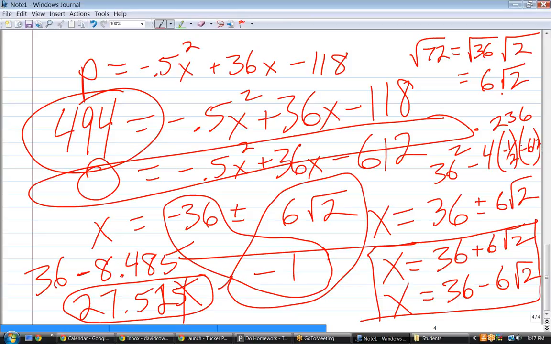And then when I double that, it's 1224. Minus 1224. And I have 36 times 36, 1296, minus 1224. That's 72.